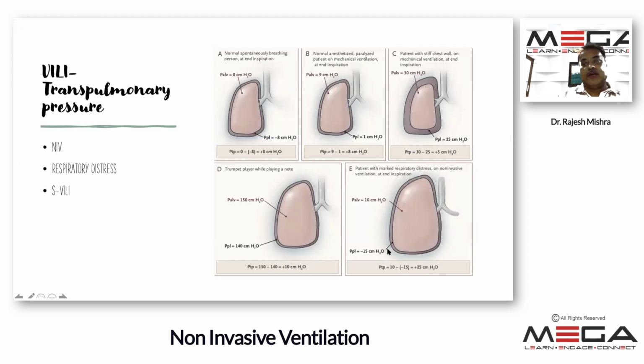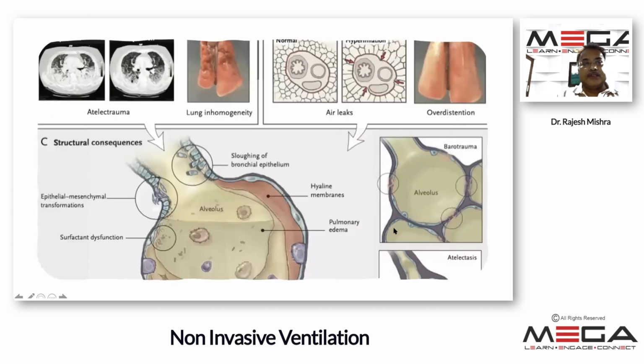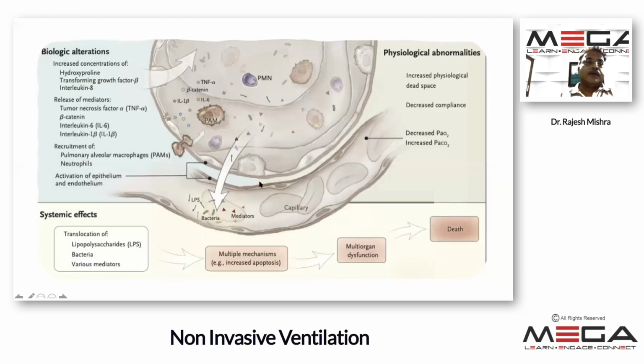And if this alveolar distension, if transalveolar pressure goes above 10 or 12, this leads to alveolar injury, and this alveolar injury further can cause overdistension, air leak, cellular injury, and can cause more ARDS, more alveolar damage, and multi-organ dysfunction and death.